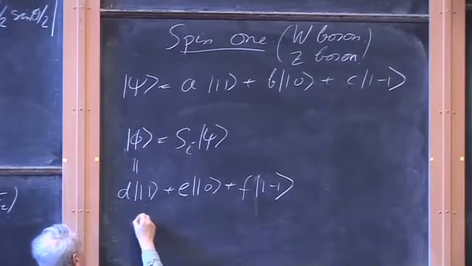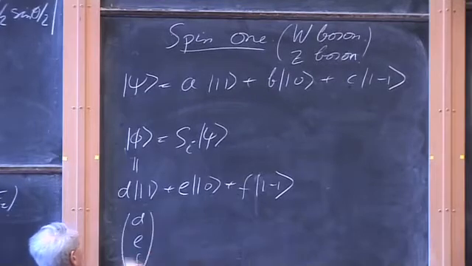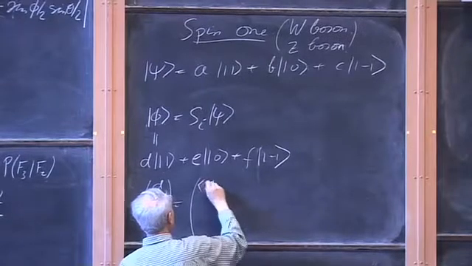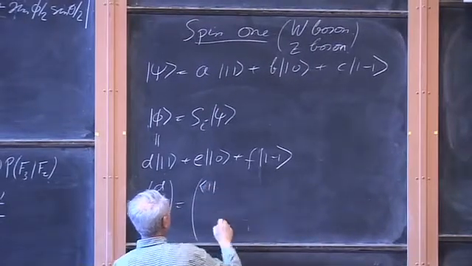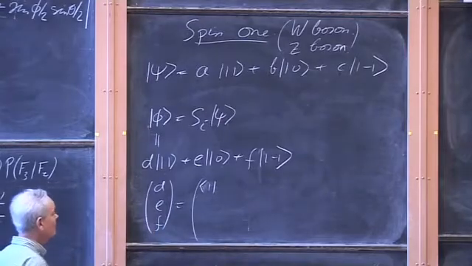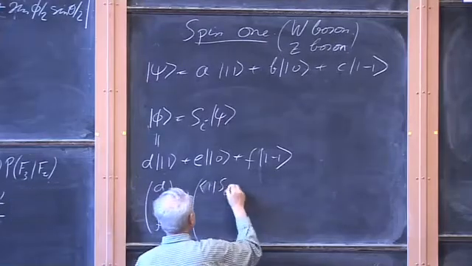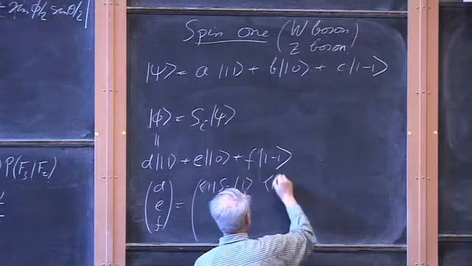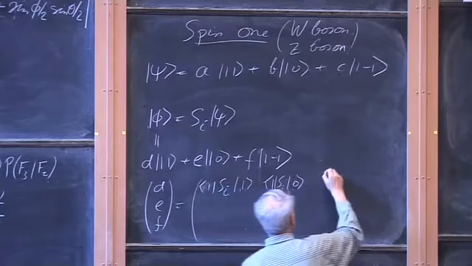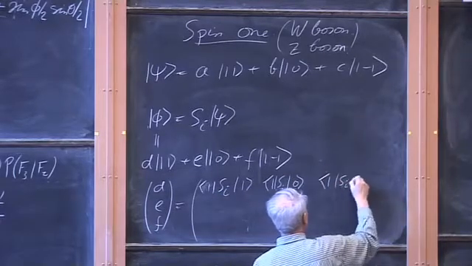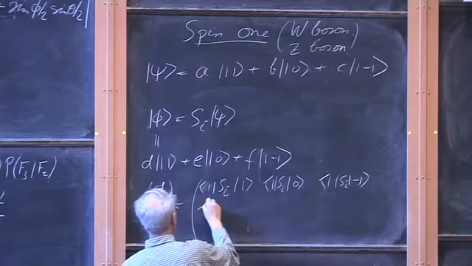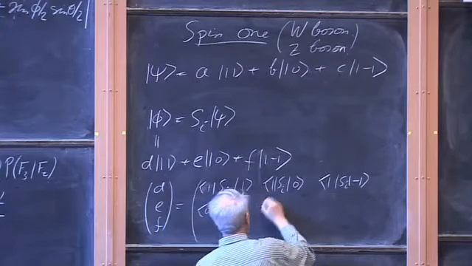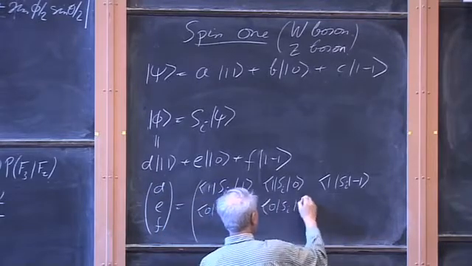D, E, and F are equal to a matrix, where we leave off the total angular momentum quantum numbers, with entries <1|S_i|1>, <1|S_i|0>, <1|S_i|-1>, and so on and so forth, then <0|S_i|1>, <0|S_i|0>.